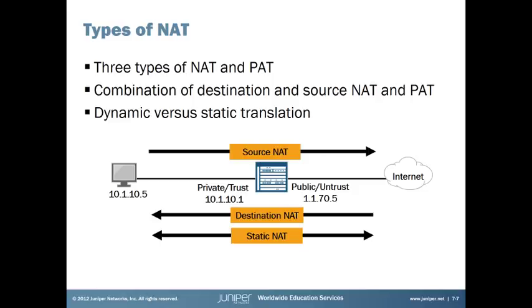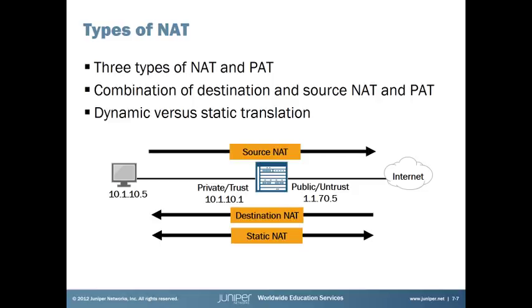That's the most common scenario. That is called source NATing, because what's getting changed is the source address. It's changed from a private address to our public address as it goes out onto the internet. That is source NATing.